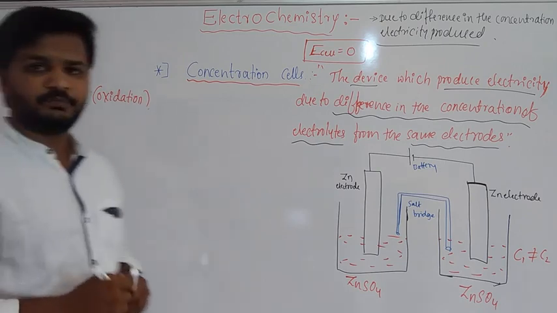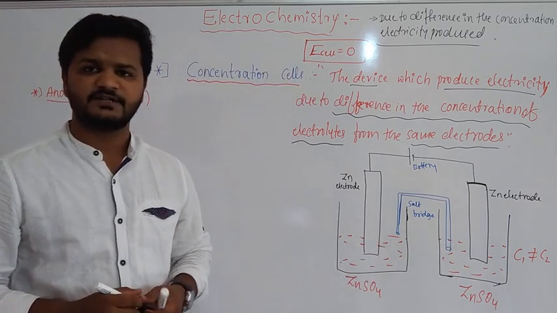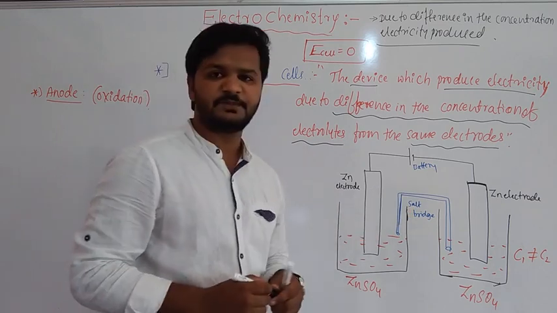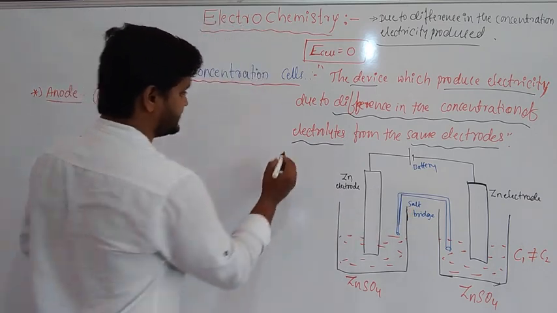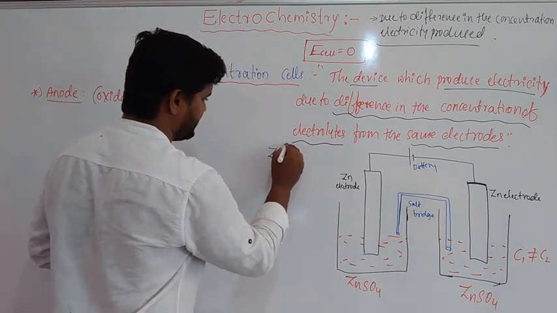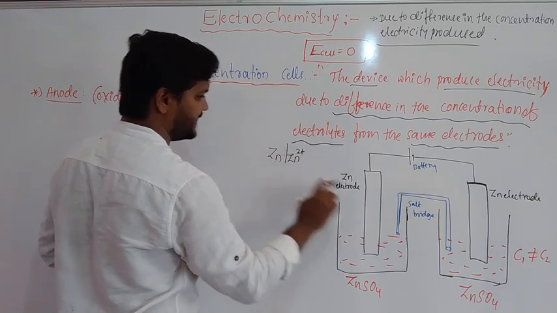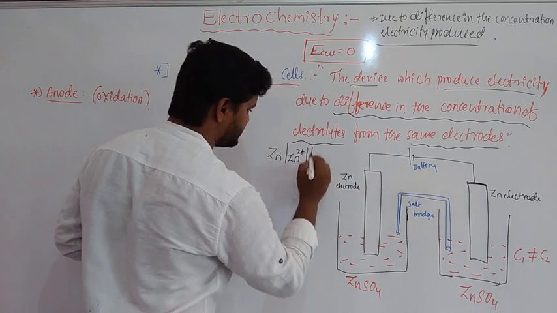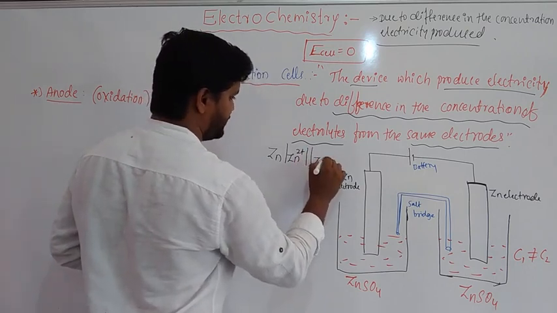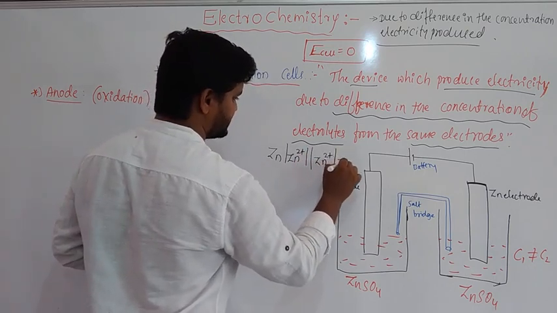Then students, what is the cell reaction? What is the galvanic cell representation here? That is Zn electrode, Zn2+, meaning Zn becomes Zn2+, then the salt bridge, and Zn2+ electrode Zn.